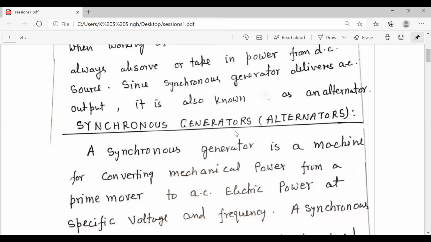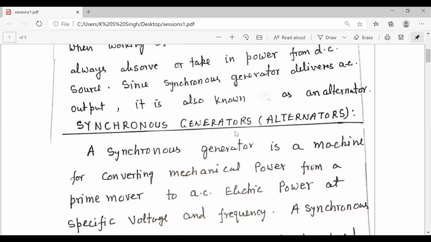Now we'll start the synchronous generator, alternator. The first is the synchronous generator. You know there are 2 types of machine, synchronous generator and synchronous motor. I have already explained that in case of a motor, it takes energy from an electrical source and delivers mechanical power.